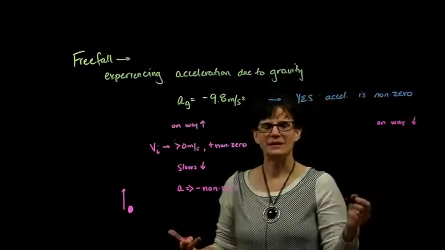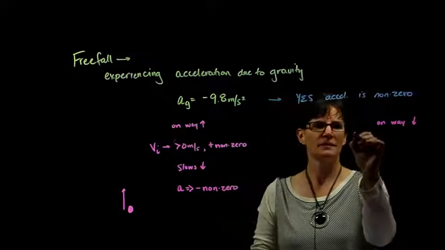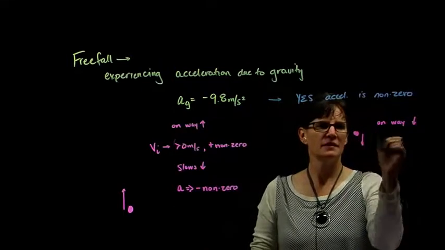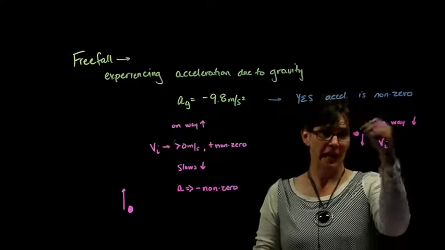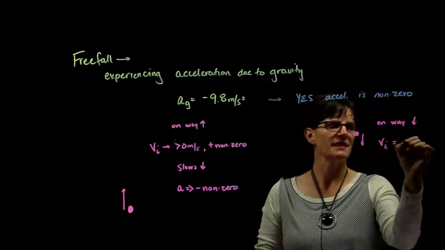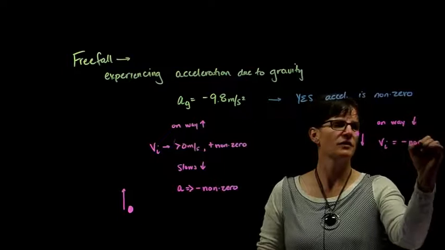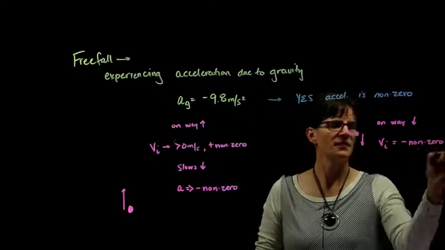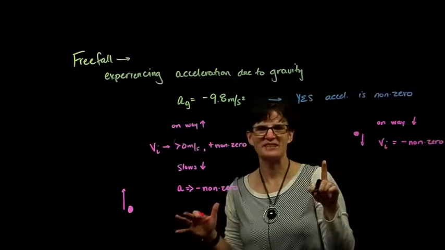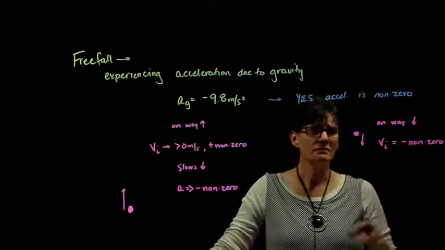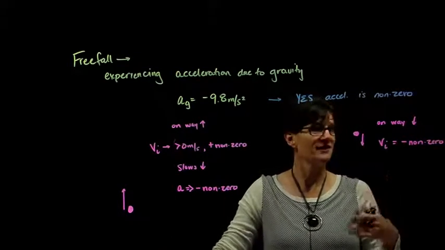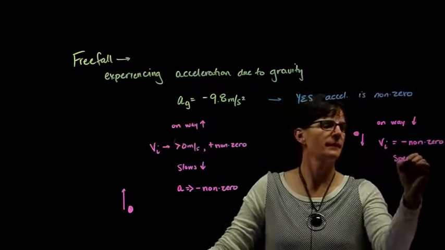What's happening on the way down? Well, at the very, very top, we know that the velocity, as it's moving down, is going to be negative non-zero while it moves down. Okay, we're not looking at the top yet, just at negative non-zero. So we're somewhere in the middle of moving down. And it's getting faster and faster and faster. So it's speeding up.